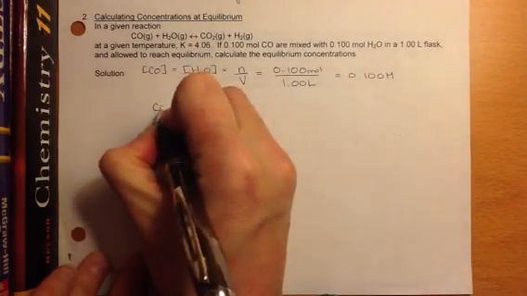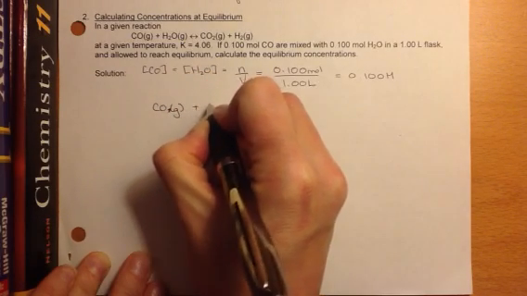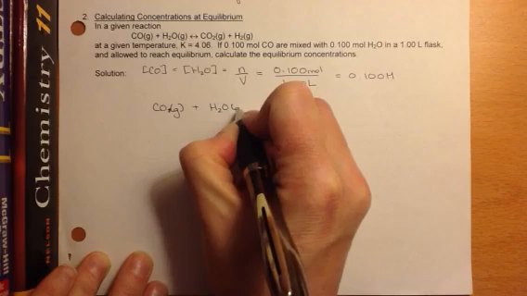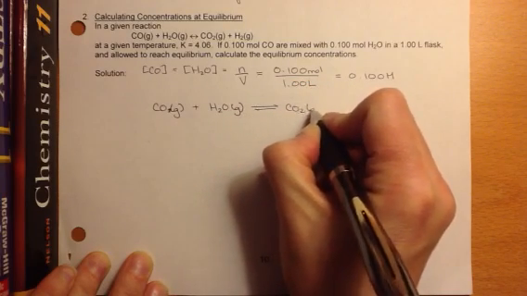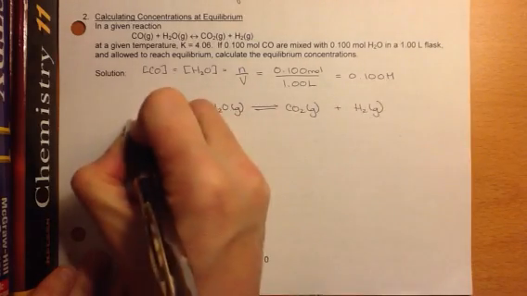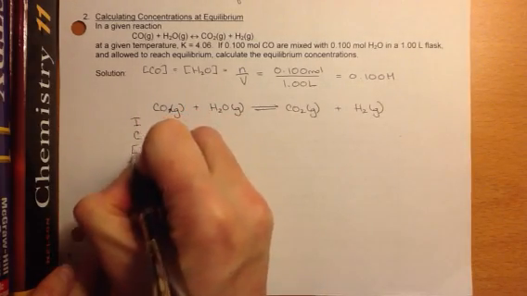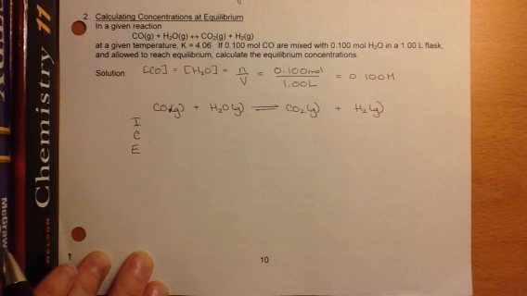So now let's recopy our balanced chemical equation so that we can do our ICE chart. We've got the initial, the change, and the equilibrium.